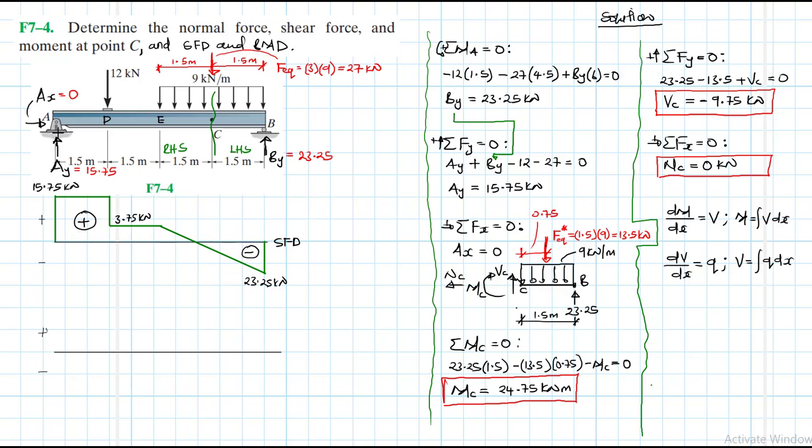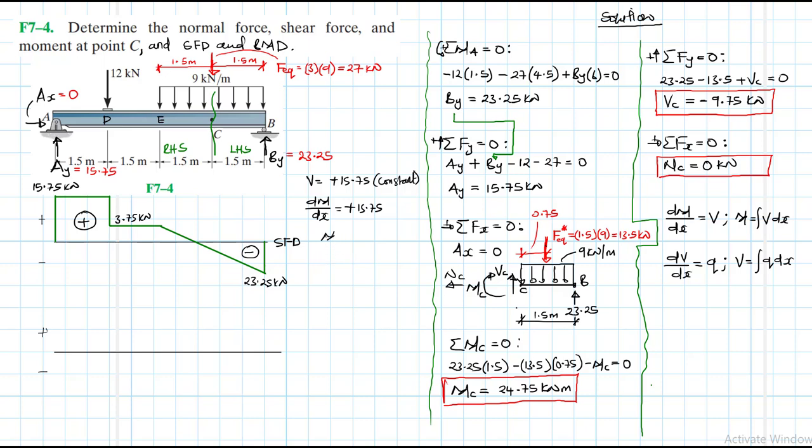So let's start from A to D. Our shear is positive and constant, equal to 15.75. Therefore, the slope of our moment is also going to be positive 15.75, and is also going to be constant.